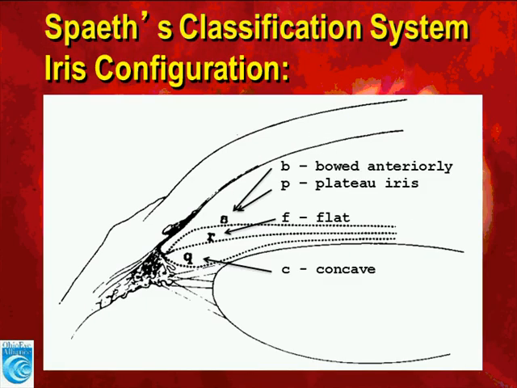We also note the angle configuration and the iris configuration. The old system on the left, S, Q, and R. The new system on the right, B, P, F, and C. B is for bowed anteriorly, P for plateau iris, F for a flat iris, and C a concave iris.